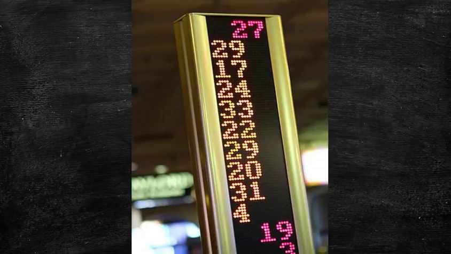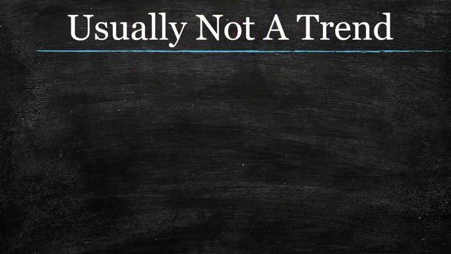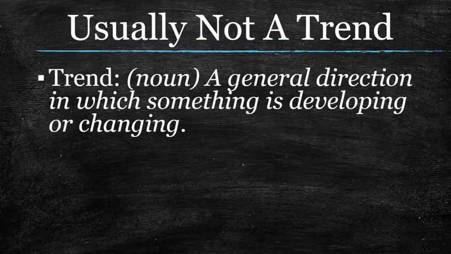And I don't think there's been any actual studies run on this. I doubt you could actually do that. But I bet you this little thing right here has made casinos millions over the years, just for that one reason. Because far more often than not, what you are looking at is not a trend. All right? A trend, just really by definition, is a general direction in which things are going. You don't need a trend line to tell you if a chart is in an uptrend or a downtrend.